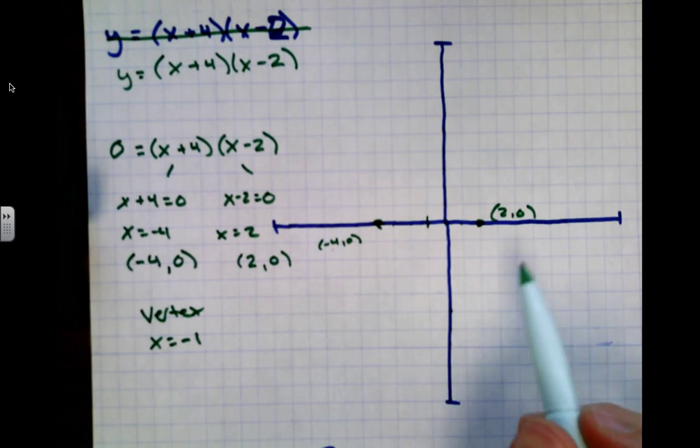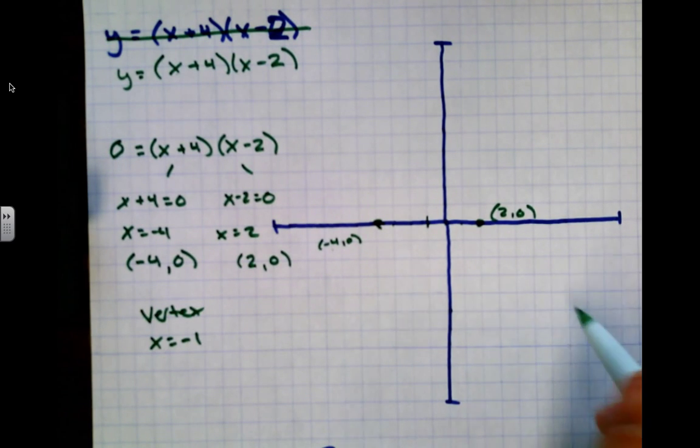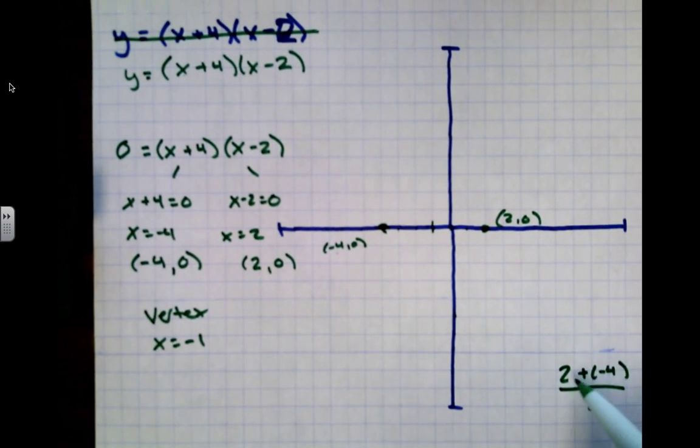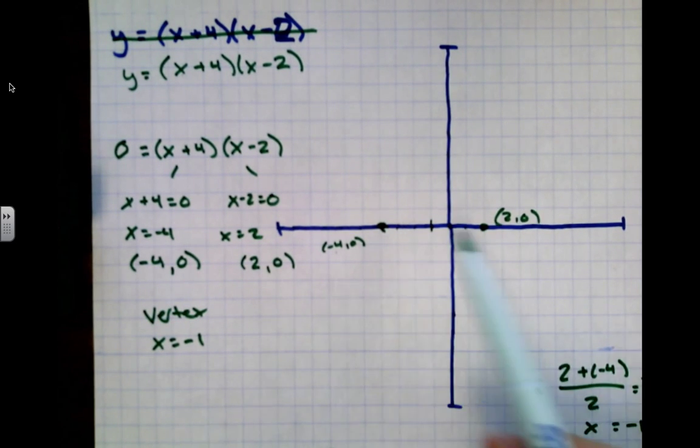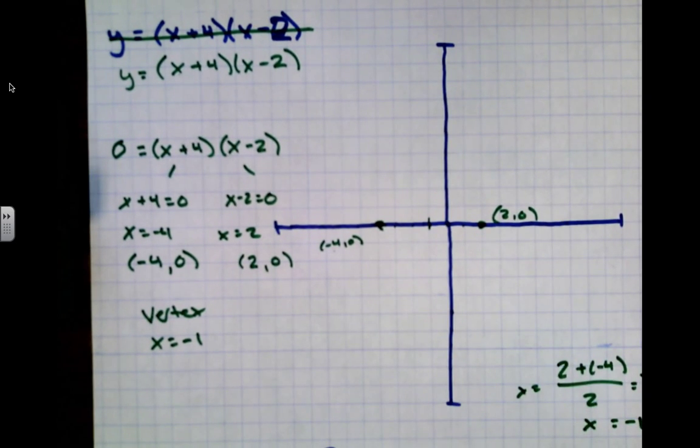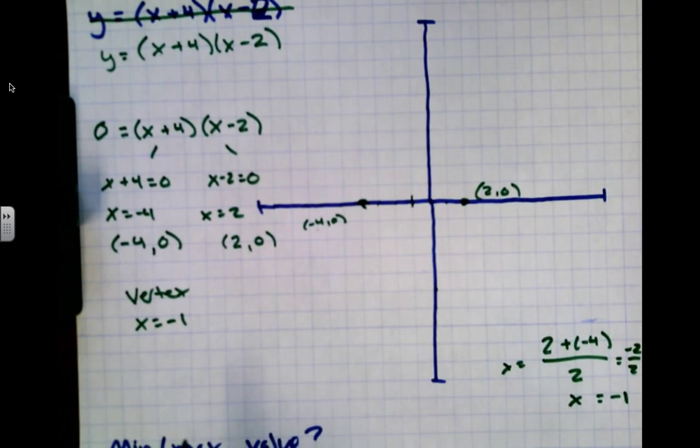If you're not seeing that, you could add 2 and negative 4 together and divide it by 2. What you would get is negative 2 over 2, which gives us an x value of negative 1. That's another way that we can look at it, but again, it's just finding what's directly in the middle of these 2 x values. So we get our x coordinate is negative 1.